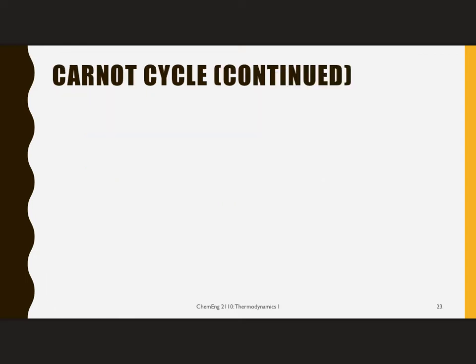So what happens if we look at delta S for the complete cycle? In this case, our system is going to be the piston, or whatever we are using for our equipment. But for the cycle, it's going to be for the process AB, plus for the process BC, plus for the process CD, and then returning to the original state, the process DA.